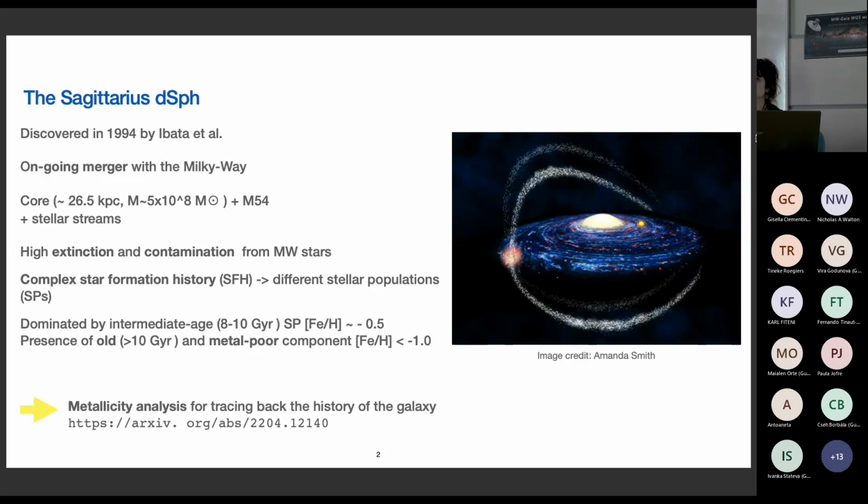We know that Sagittarius is mostly dominated by an intermediate-age population, quite metal-rich, but it is also known to host a very old and metal-poor component. So we were interested in examining the different stellar populations using photometry from the Pristine survey. The current work is now in a paper that appears on arXiv.